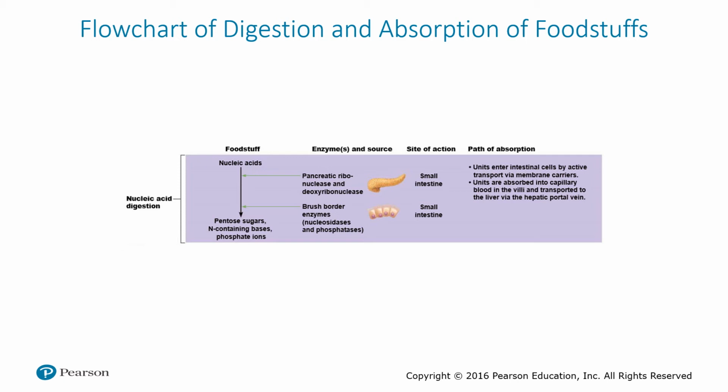And the brush border enzymes, nucleosidases, as well as phosphatases break down the nucleotides into free nitrogenous bases, pentose sugars, and phosphate ions. Then these components are actively transported by special carriers in the epithelium of the villi.